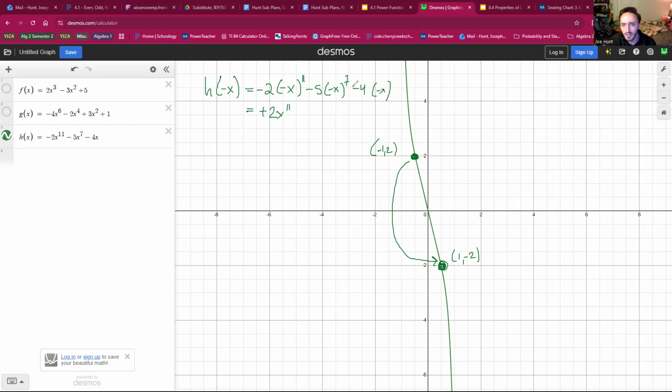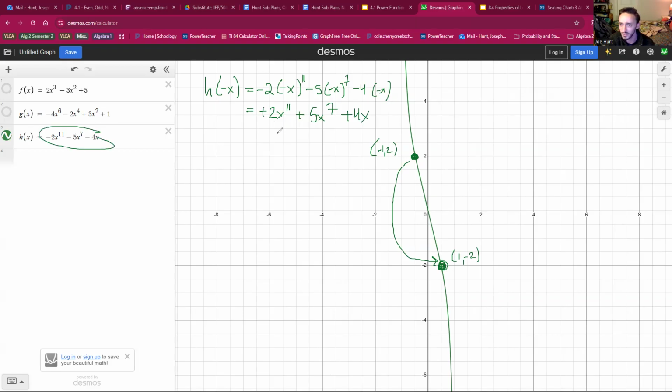Negative something to the 7th power is going to look like a negative number, but if I multiply that by negative 5, it's going to look like positive 5x to the 7th. And then the last term, negative 4 times negative x, is going to look like plus 4x.